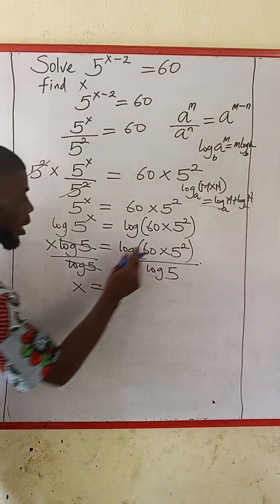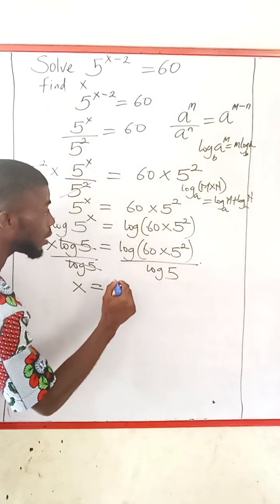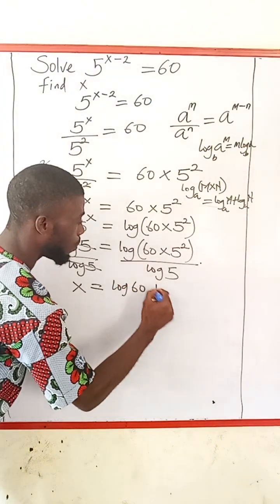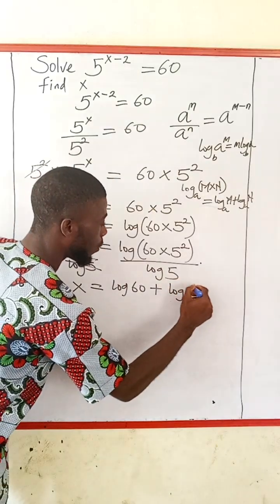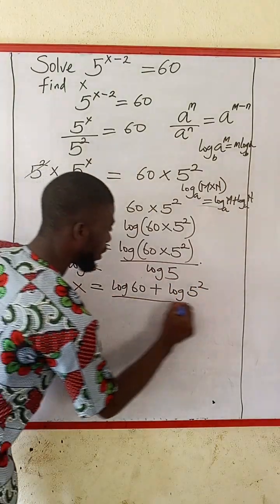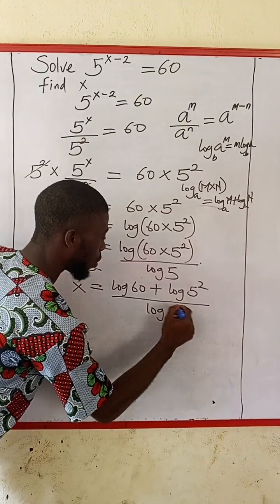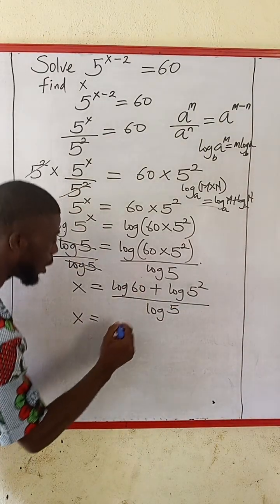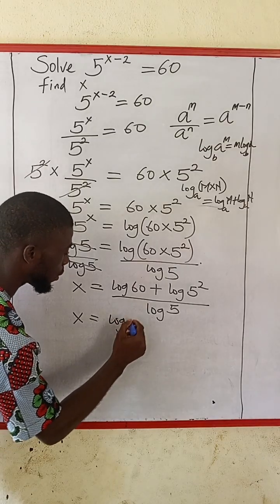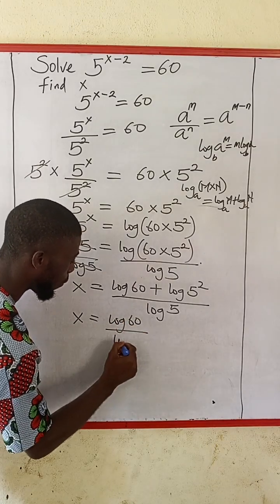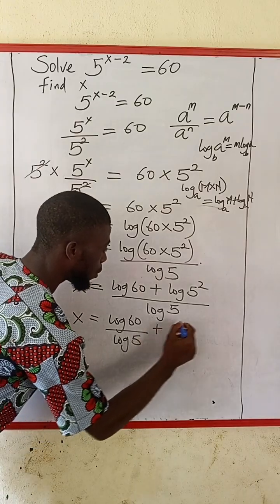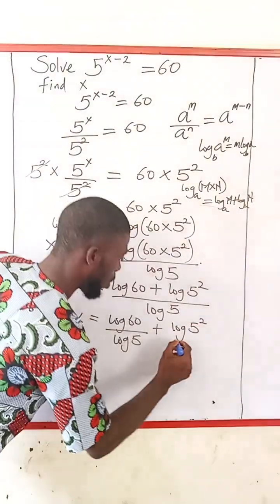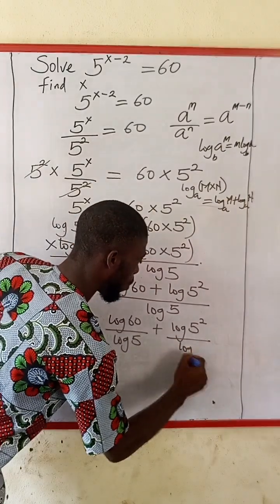In that case, I can now express my right hand side in this form: log 60 plus log 5 raised to the power of 2, all divided by log 5. This would now be that x is equal to log 60 divided by log 5 plus log 5 raised to the power of 2, all divided by log 5.